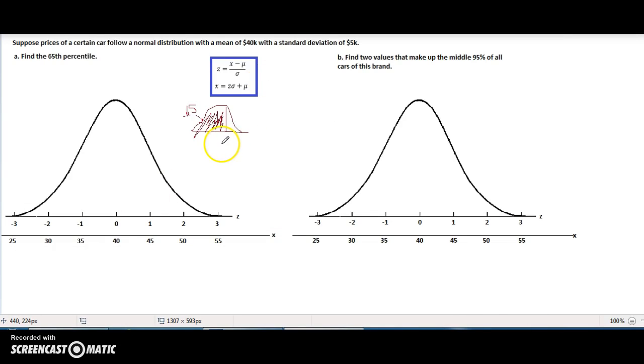Drawing that on this graph, we have 0.385. And now we know where to draw that, because this is a z-score, a z-value. Let's just approximate it right here.